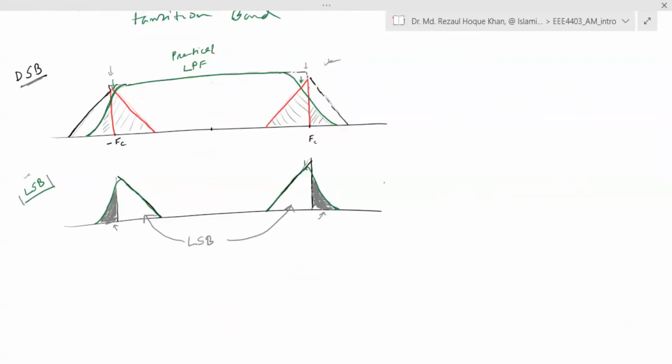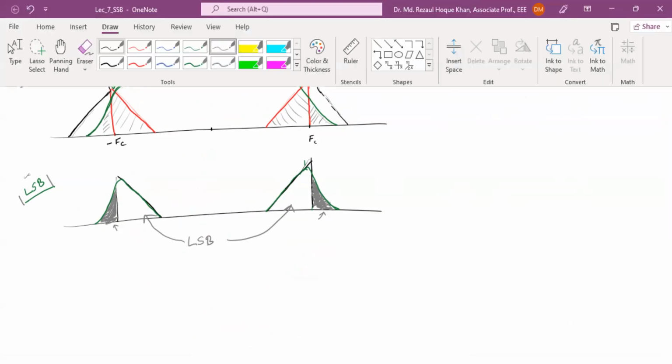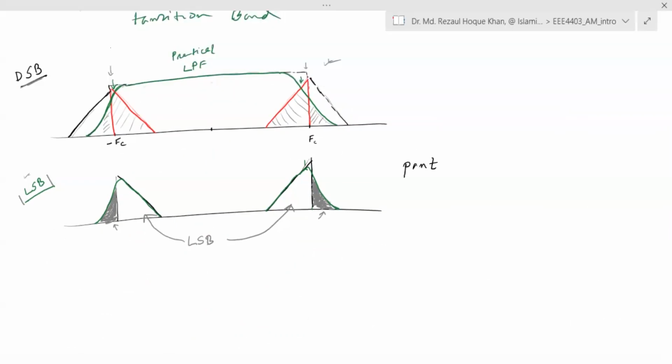So the part of the band greater than FC, this is FC, and this is minus FC, is contained with the LSB, which is supposed not to be there, but because of the use of a practical filter, it is there.